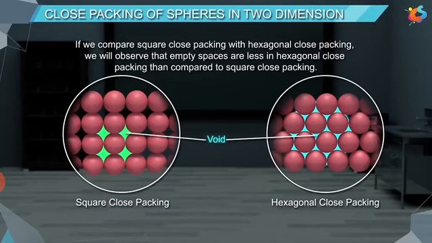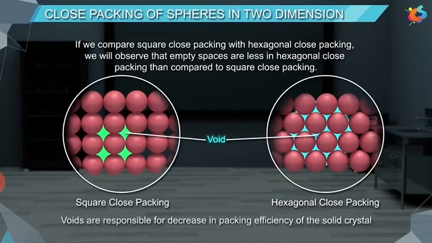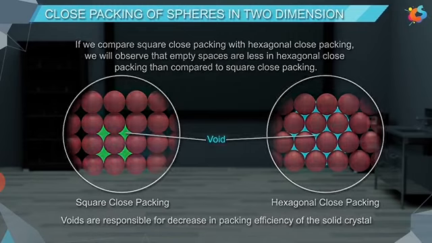The empty spaces which are left between the spheres are called voids, and void is an English term which itself means the empty space, and these voids are responsible for decrease in packing efficiency of the solid crystal. This packing efficiency we will see in the later lectures.